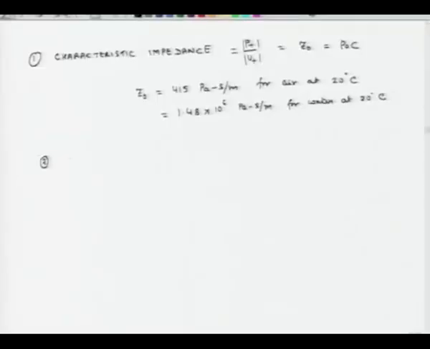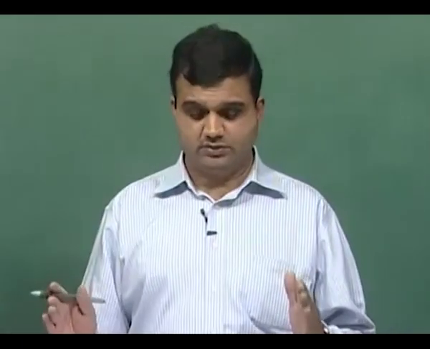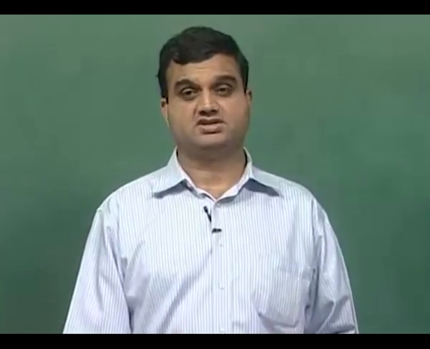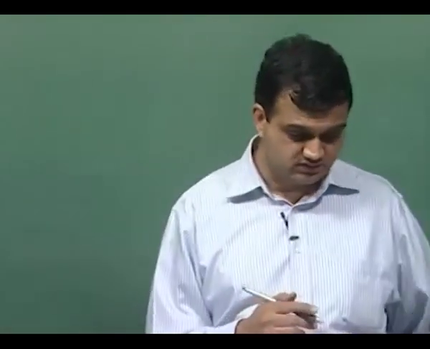The second one is specific acoustic impedance. And that equals P of x and s divided by U of x and s. So, unlike characteristic impedance which is a pure number, specific acoustic impedance can change with x, and it can also change with s, which is frequency.